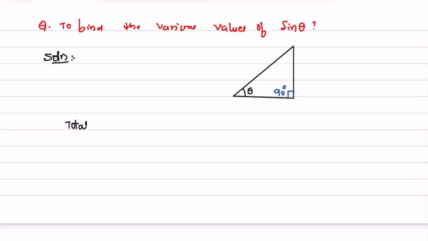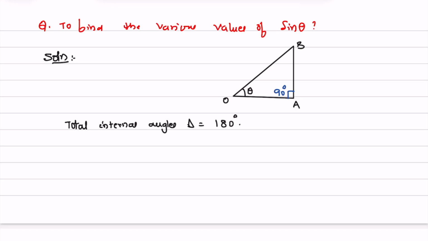The total of the internal angles in a triangle is equal to 180 degrees. This is from your elementary geometry. And let the vertices be O, A and B.